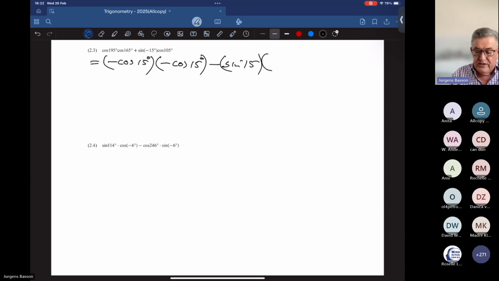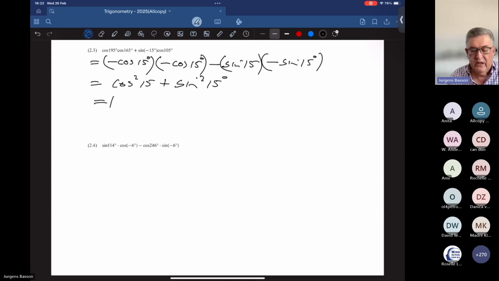So we can use 90 plus, and cos in the second quadrant is negative, and the cos will change to sine, and that is negative sine 15. If I multiply these two terms, I get cos squared 15, plus sine squared 15, and the answer is 1. So a nice little question. It almost looked like a compound angle, but finally it was not.